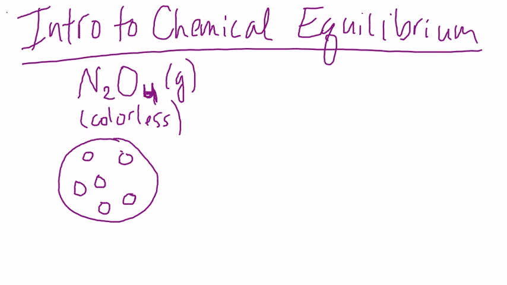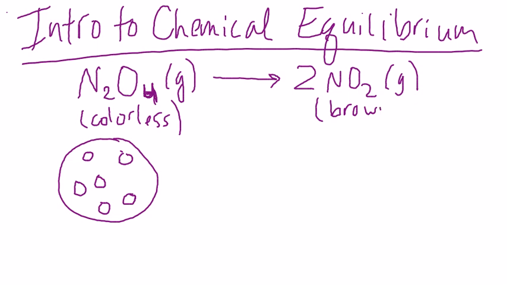Now, if you introduce this gas into a flask, it immediately starts to turn into another gas, nitrogen dioxide. The difference between these two gases is that nitrogen dioxide is a colored gas, and it's actually brown in color.